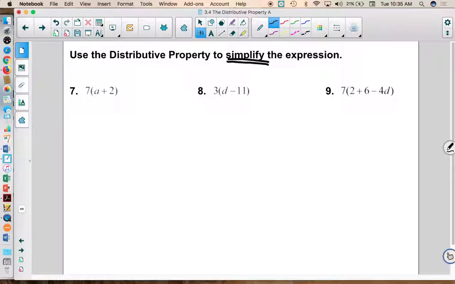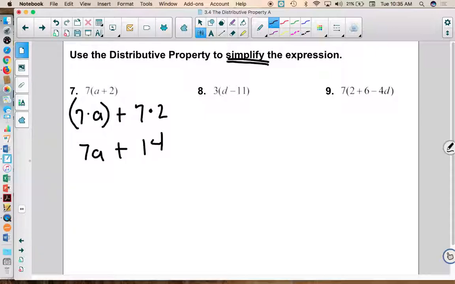All right, here's what you should have written first. The equivalent expression: 7 times A plus 7 times 2. That's your equivalent expression. Okay? And 7 times A is 7A plus, what's 7 times 2? 14. 14.